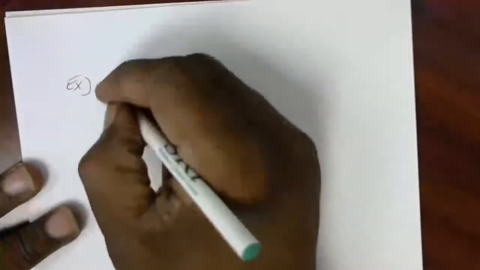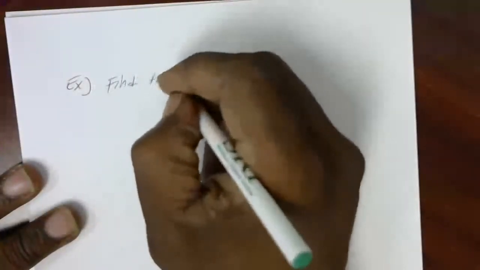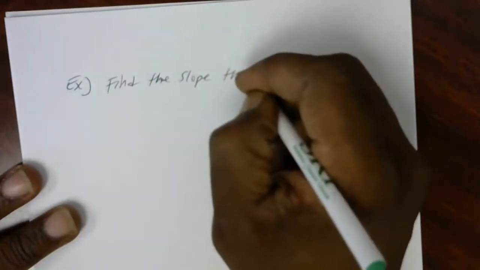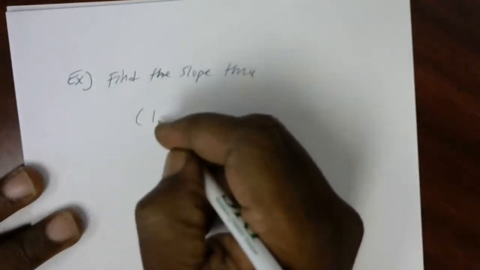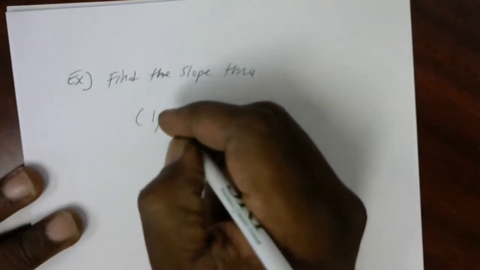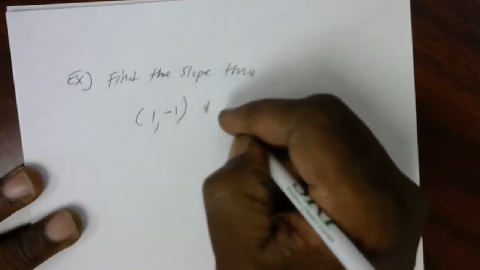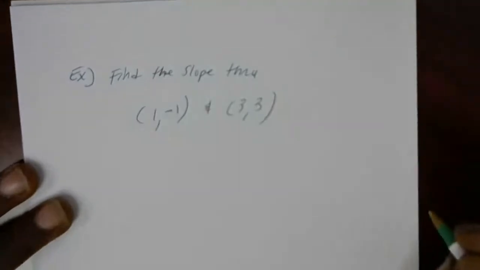Here we're asked to find the slope through the points (1, -1) and (3, 3).